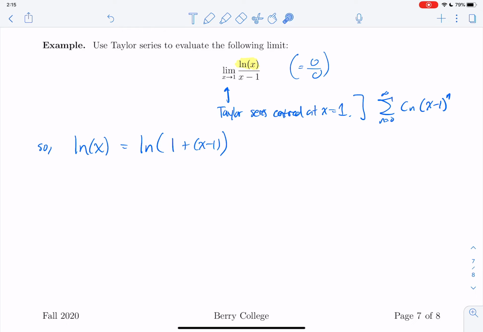It's already a 1. Now I can use ln of 1 plus a thing to turn this into its series from n equals 1 to infinity of negative 1 to the n plus 1 times x minus 1 to the n over n.